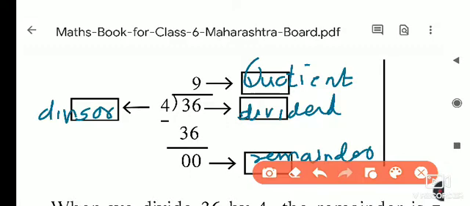Whatever is the answer of the division is called the quotient. The number which we are dividing by another number is called the dividend, and the number by which we are dividing is called the divisor, and whatever remains is called the remainder. So in this example, 9 is the quotient, 36 is the dividend, 4 is the divisor, and 0 is the remainder.